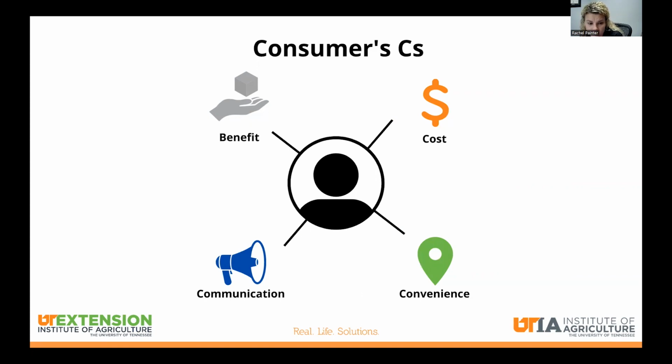Do they want to come on farm? And how far away are you physically, your location, from that customer? Are they having to drive 20 minutes, 30 minutes, 45 minutes, or even longer? How convenient are you to the interstate and major roads? And again, just how convenient are you to find online as well?